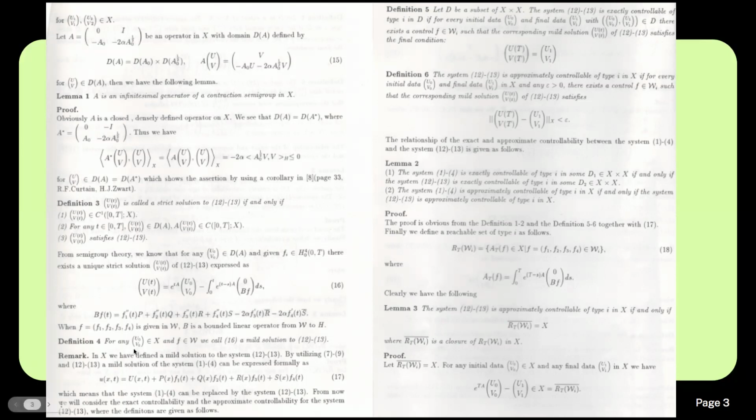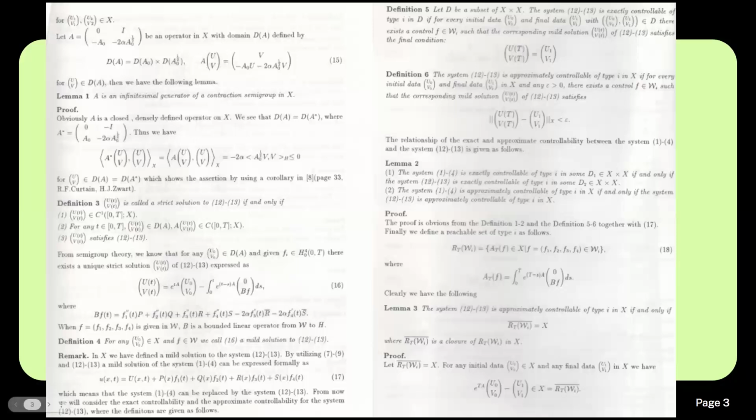Also, we can define a mild solution, (16), for system 12, 13. So the solution can be expressed in the formulation given by (17), which means that system 1 to 4 can be replaced by system 12, 13.